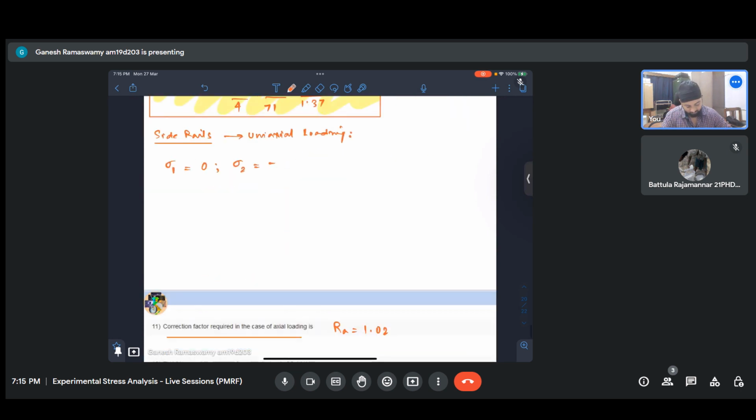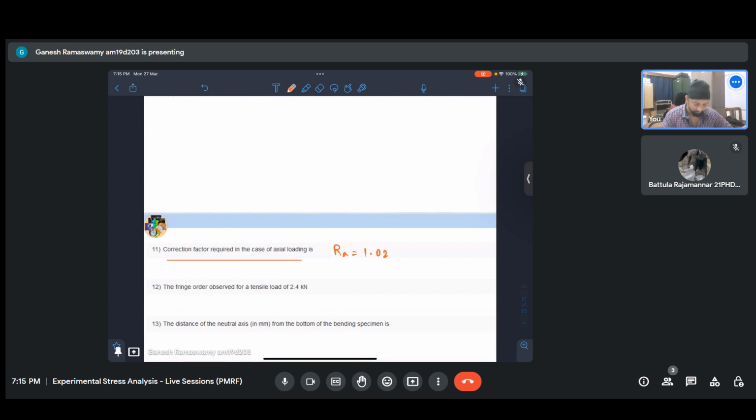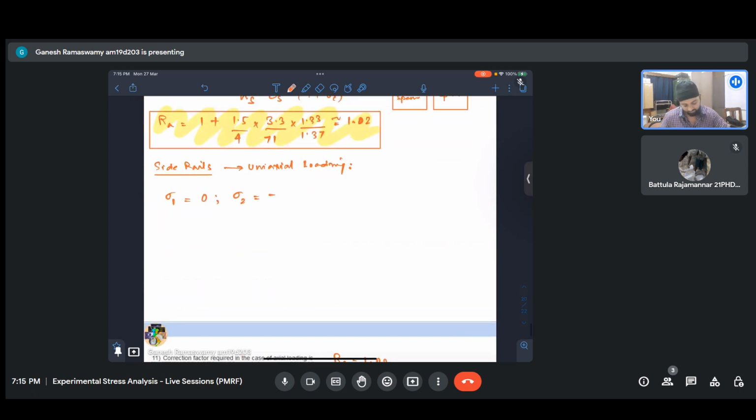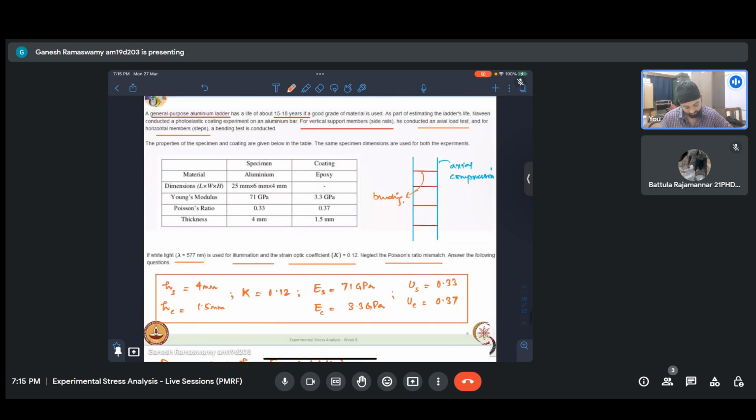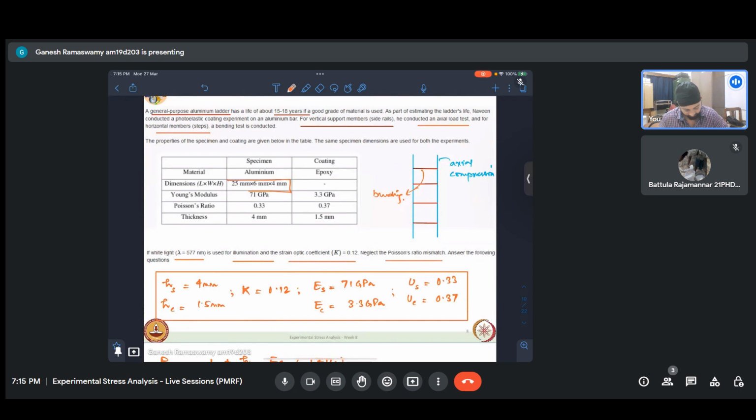Okay, so since this was being tested, we have applied a tensile load, in which case my sigma 1 will be the stress that was applied, that is the load, 2.4 kilonewton, by my cross sectional area. In the question, the cross sectional dimensions are given: length, width and height. So I can see width and height make up my cross sectional area.